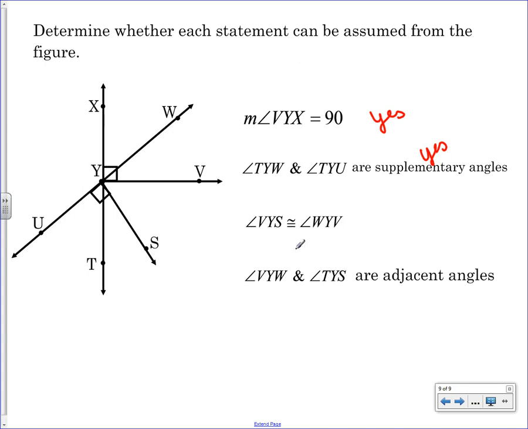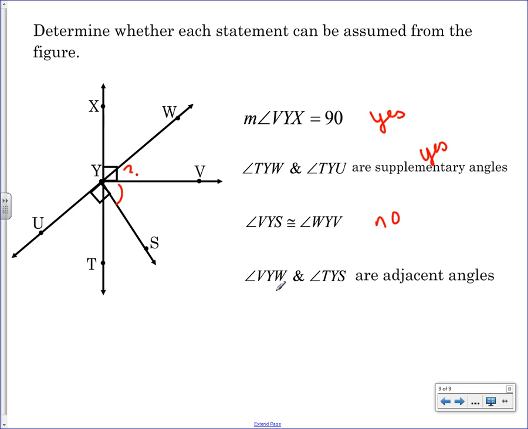Okay. Angle VYS, so let's find that one. VYS is right here. And angle WYV, WYV is right here. So these two, can I assume they're the same? Nope. What would they need if I were to assume that? The little arcs, right? But they didn't have that. I put one there just so I knew what I was talking about, but they didn't have that.